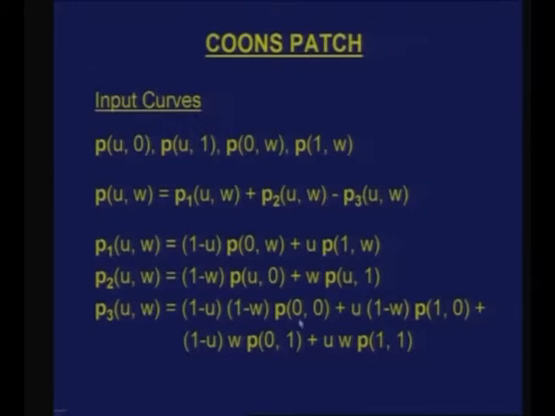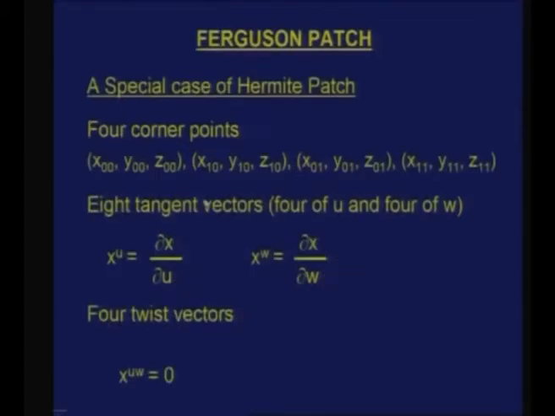If I look at this, these are the four boundary points P00, P10, P01, P11, and this is basically a linear function, called a bilinear function. If this bilinear function is subtracted from the linear interpolation of curves, the surface which is obtained is usually called a Coons patch.